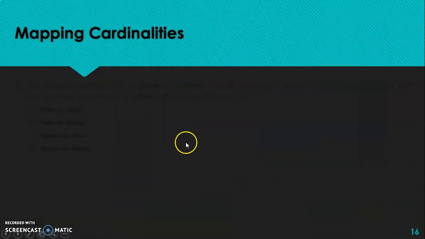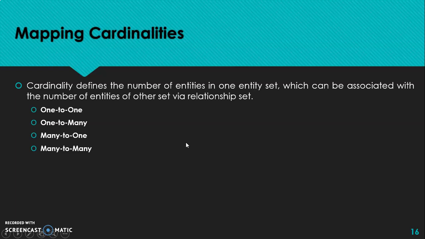Then mapping cardinalities. Cardinalities define the number of entities in one entity set which can be associated with the number of entities in the other set via the relationship. There are 4 types: one to one, one to many, many to one, and many to many.